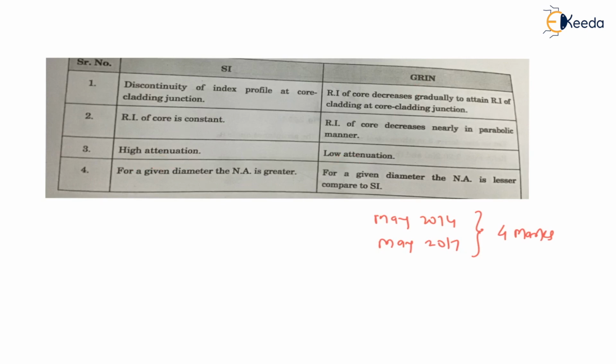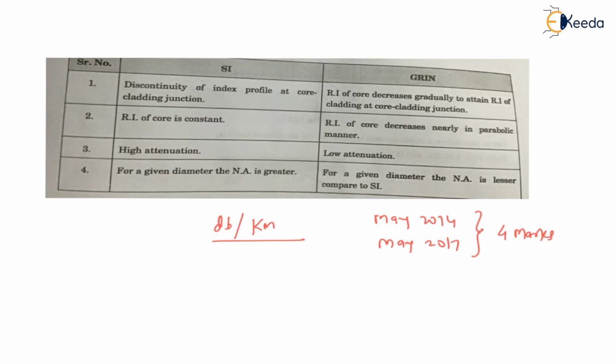So in SI it is high attenuation and here it is low attenuation. Again, I would like to remind you all, attenuation is nothing but a data loss while propagating data transfer by using light, and as I said, attenuation is measured in dB per kilometer, that is, decibel per kilometer.